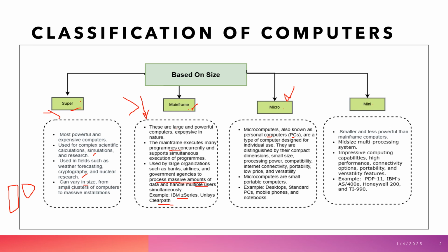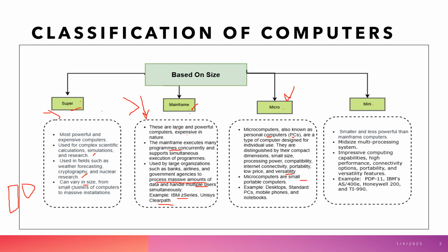They have low prices as compared to super and mainframe computers and are versatile in nature, which means they can perform a huge number of functions. So we can say microcomputers are nothing but small portable computers. Examples include desktops, standard PCs, mobile phones, notebooks, and in fact your tablets.